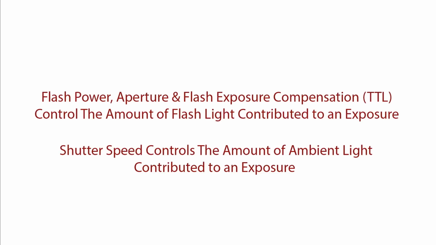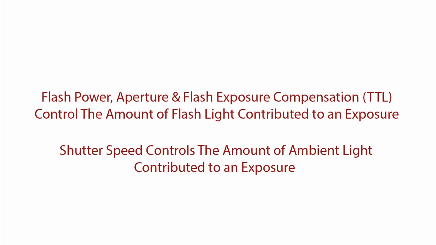The faster the shutter speed, the less ambient light is collected. So if you wanted more ambient light, you would use a slower shutter speed. If you wanted to knock down the amount of ambient light, you would use a faster shutter speed. So it's really that simple.